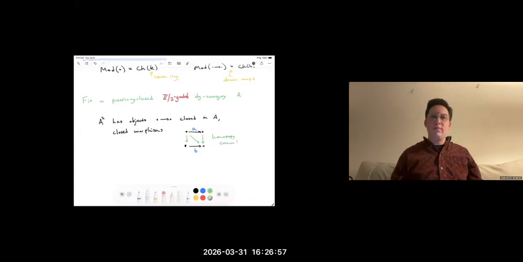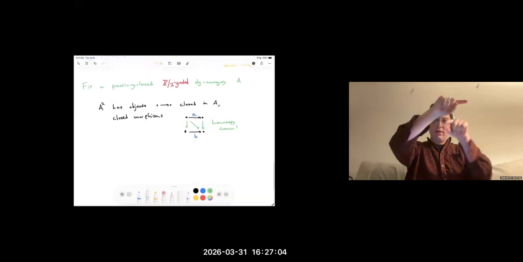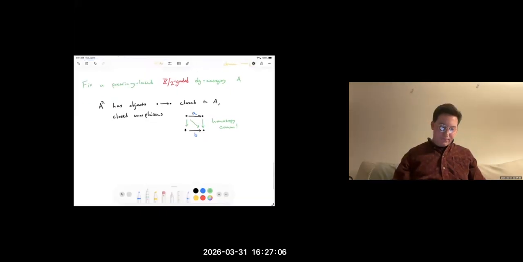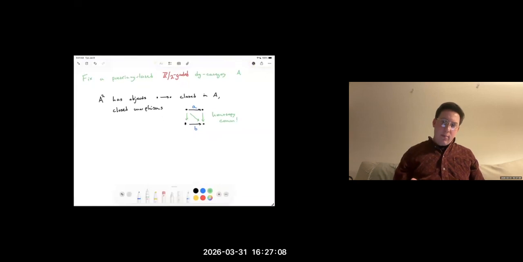So that's what a closed morphism is between two objects of A2. A homotopy commutative square means a map whose differential is the difference of the two paths. Okay.